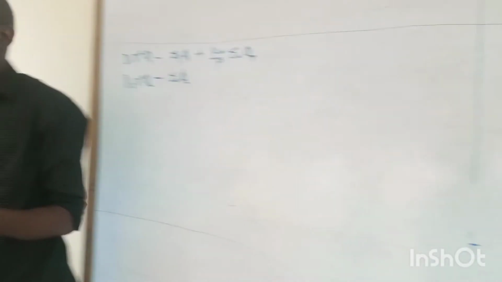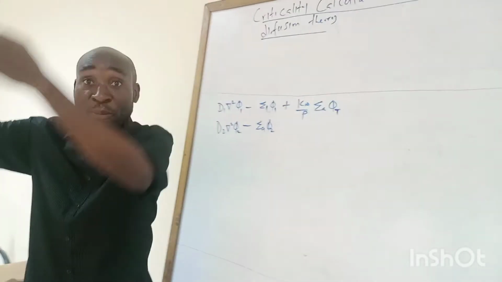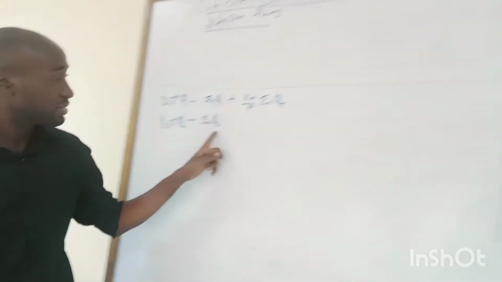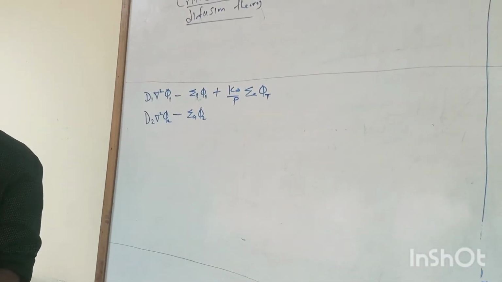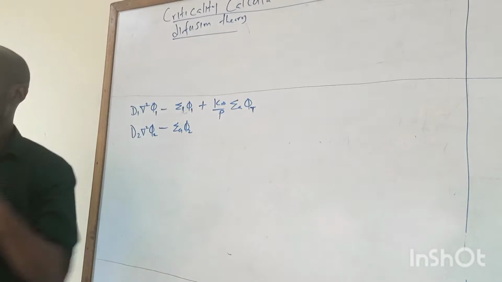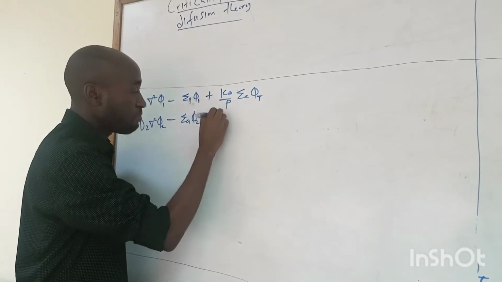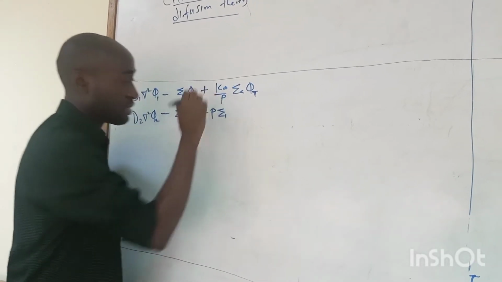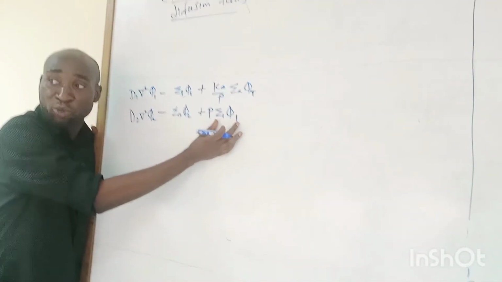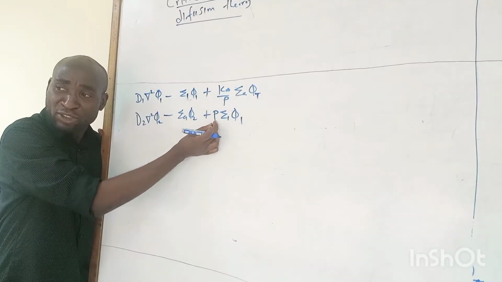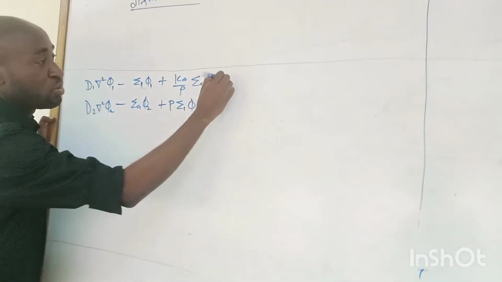But if there is a resonance material, some will be caught at the resonance region and not accounted for. So the source of the thermal group will be the ones scattered down, but we consider that some will be trapped at the resonance region. So we now have plus p Σ1 φ1. This is the scattering from group 1 to group 2, and we use this probability to account for the resonance escape probability. So this will be the equation.